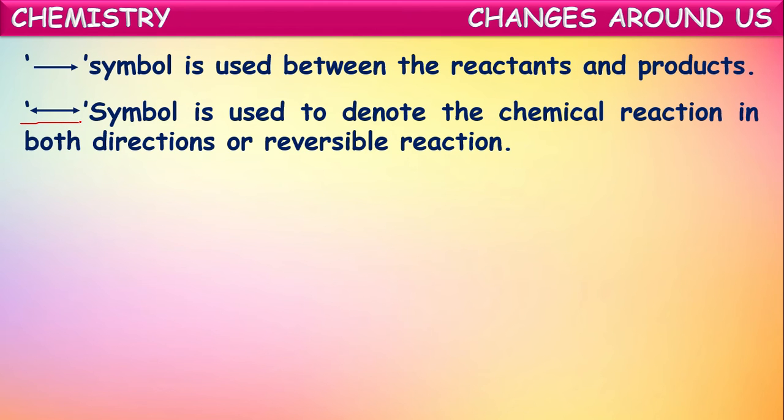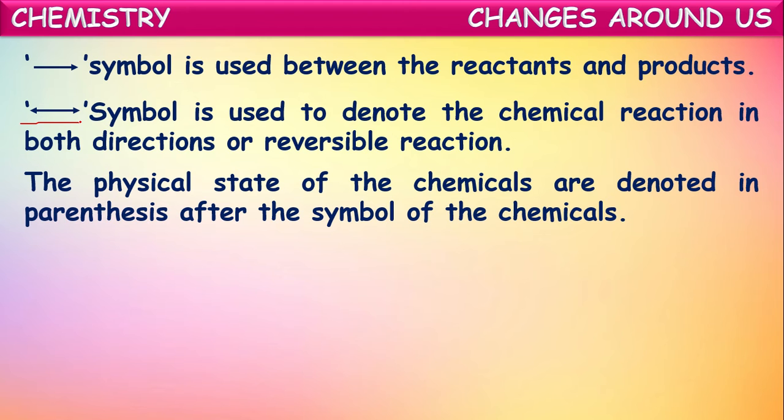Okay? And the physical state of the chemicals is denoted in parentheses after the symbols of the chemicals. So in a chemical equation, we can represent the physical state of the chemical substances participating and being formed by using certain symbols in parentheses beside the symbol or formula of those chemicals.